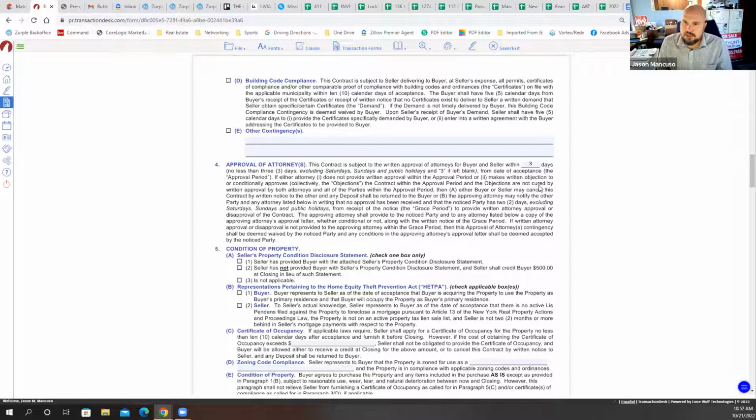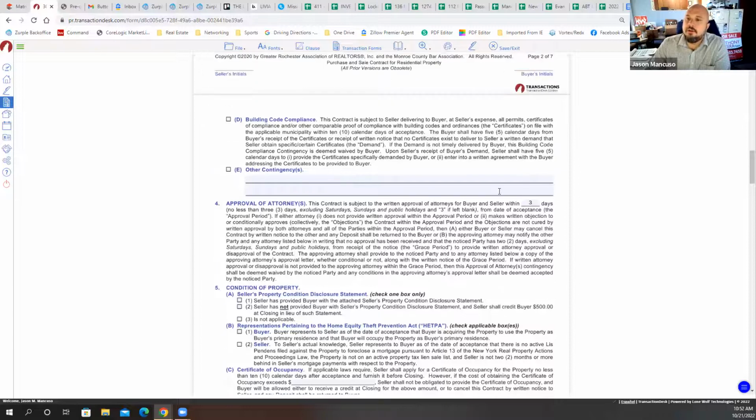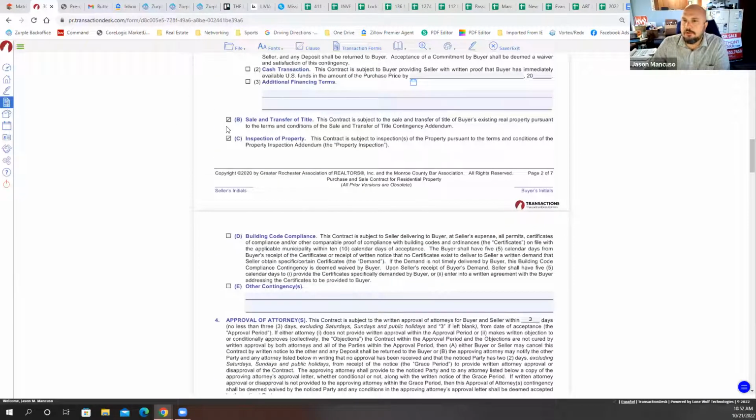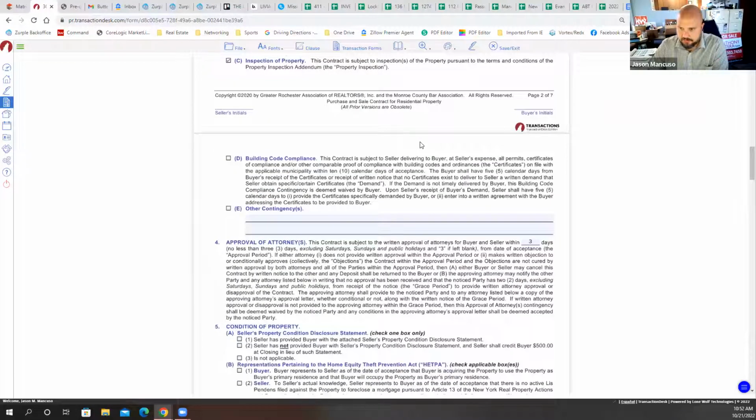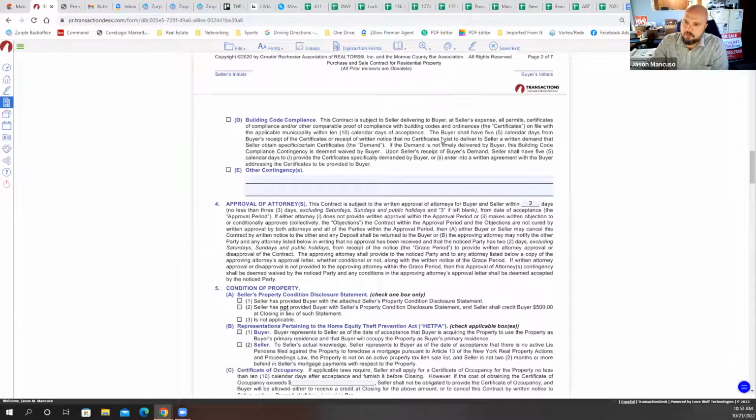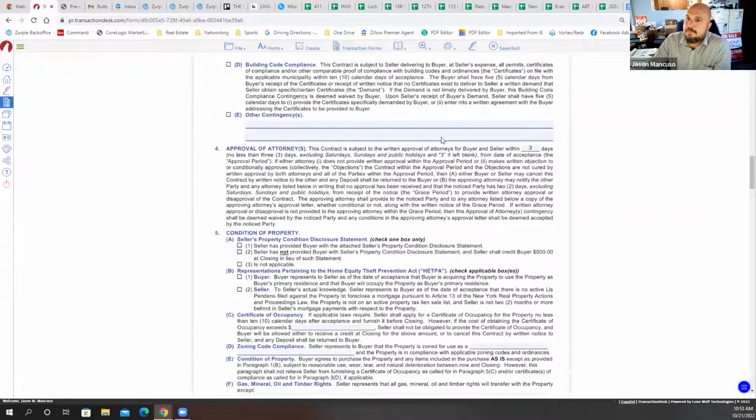It happens, but generally speaking, hopefully both parties are moving in good faith to where it doesn't. What I'm going to do, I'm thinking out loud here, I'm going to remove the sale and transfer of title contingency. I'm going to do a separate training with the different intricacies of unique parts of a deal, just so this isn't too much of an overload, and go over the basics for now.